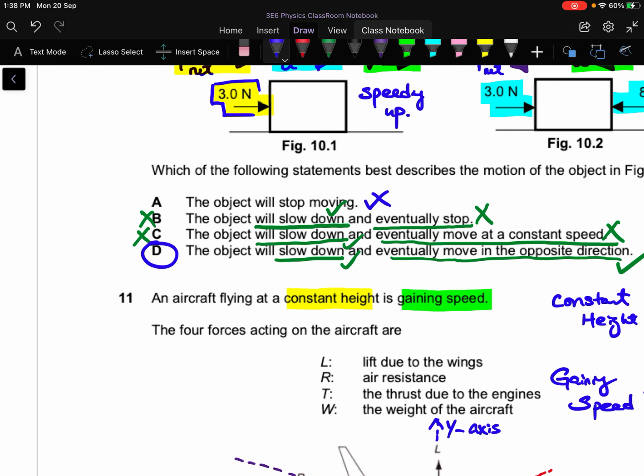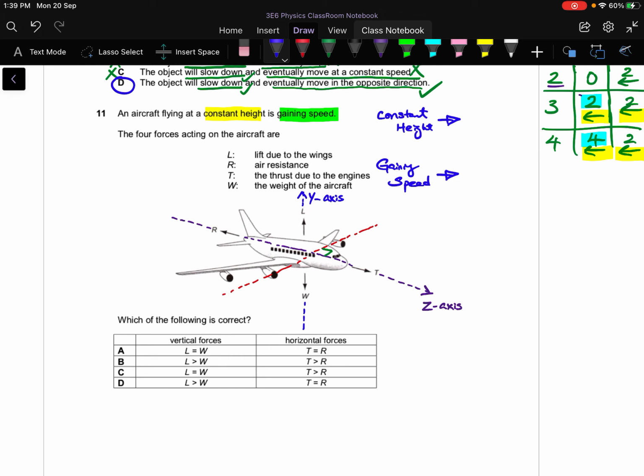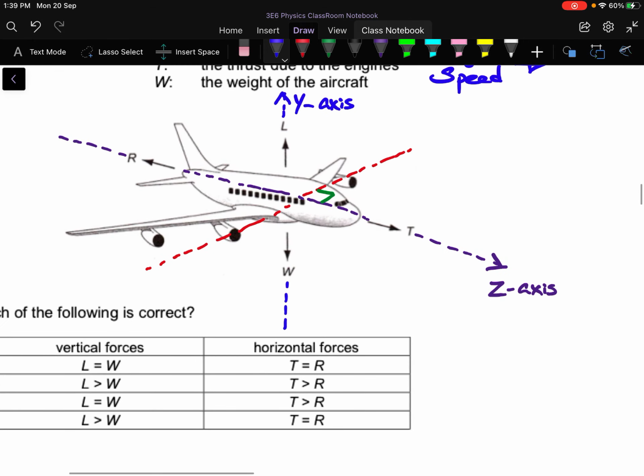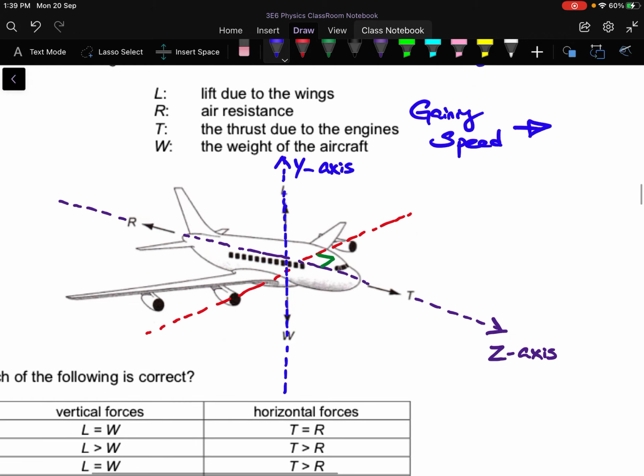Okay, for question 11, it is testing whether you are aware that when we analyze the motion of an object, we need to analyze it axis by axis. The plane can move along the y-axis, that means up and down, or along the z-axis, that means forward or backward.